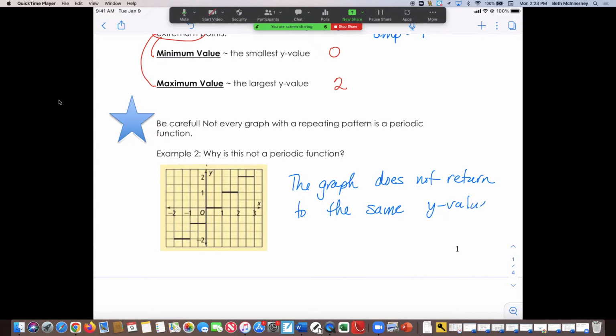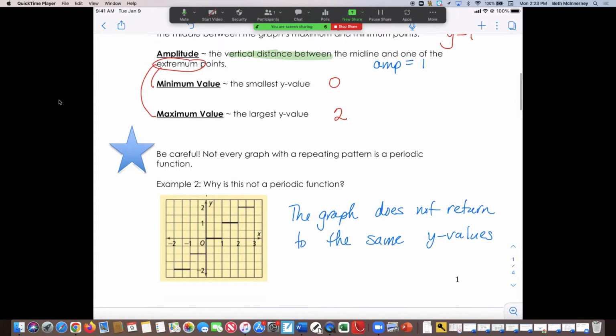It does have a pattern, doesn't it? It's got a nice looking pattern, but periodic is not just a pattern. No, it's got to return to the same y value.